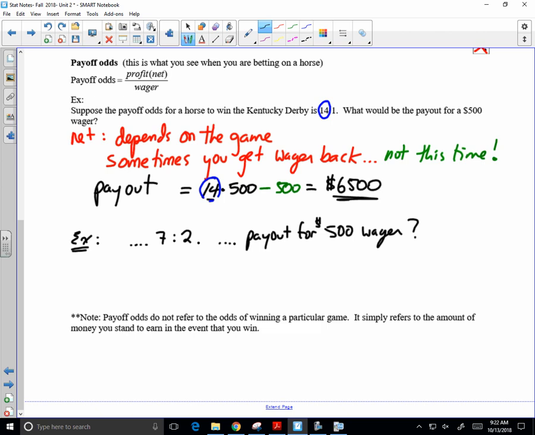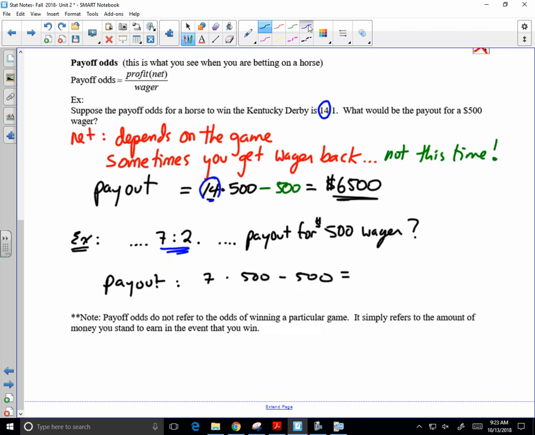But anyway, the whole 7-2 business, because all of our previous ones had something to 1. So it was a matter of just taking the first number and multiplying it by whatever the wager was. Here it would not make sense in my payout to take a 7 and multiply it by 500 and subtract the 500.